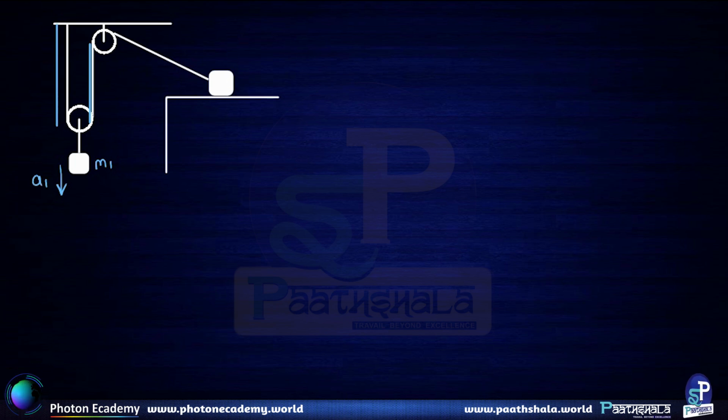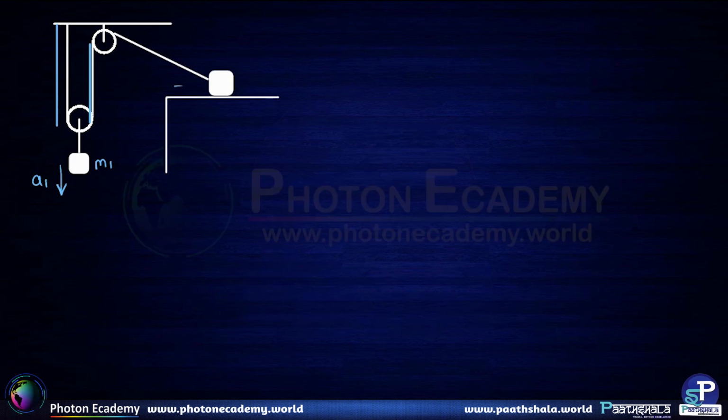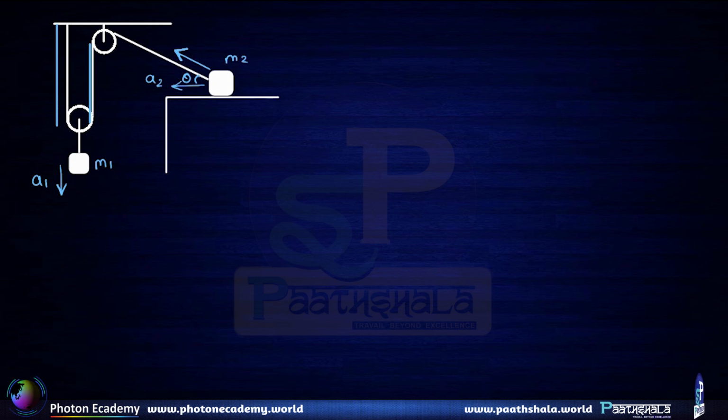The acceleration of this mass m2 is a2, and this angle is given to be theta. So here the string will vary with a2 cos theta. For the length of the string, this is x1, this also is x1, and this happens to be x2.